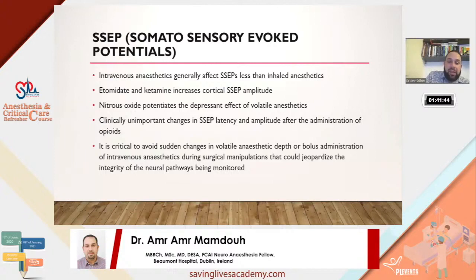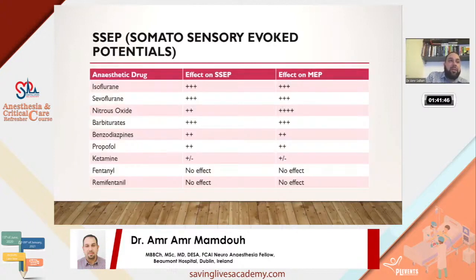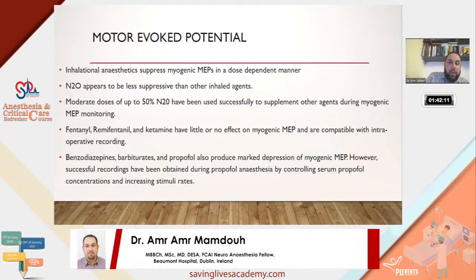We'll jump to the next slide showing the effect of the inhalation anesthetics, the first three, and how they affect it more than propofol and the benzodiazepines, while opioids don't have an effect at all. That's why we tend to use more opioid anesthetics in this, using a remifentanil infusion, for example.